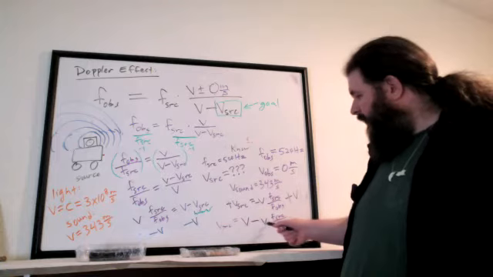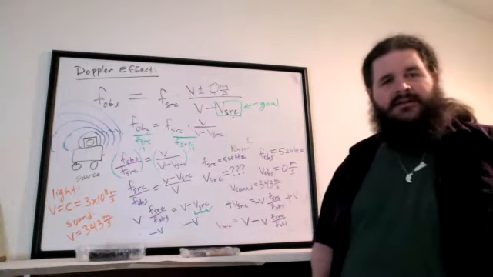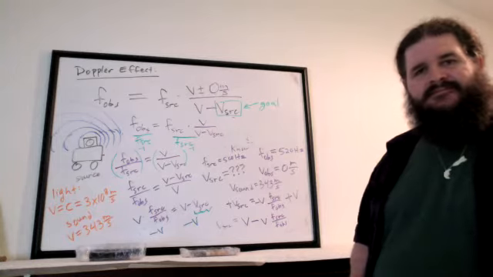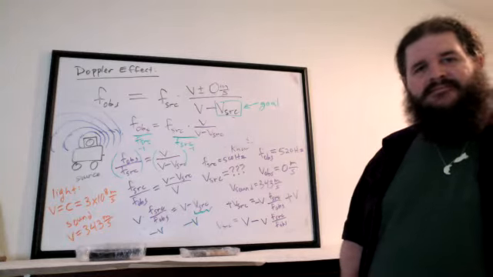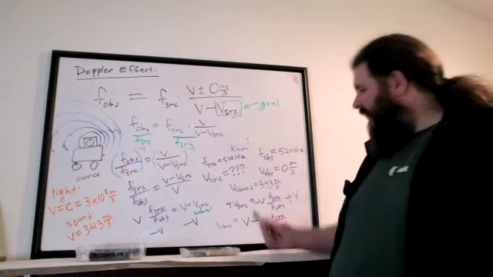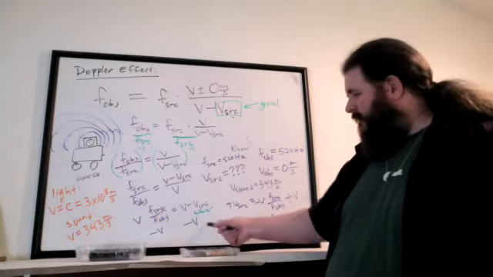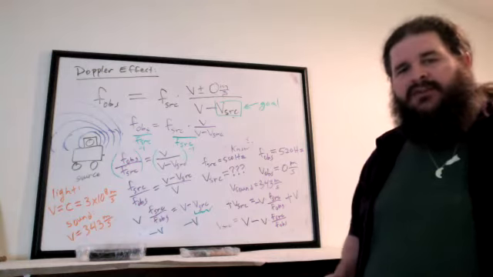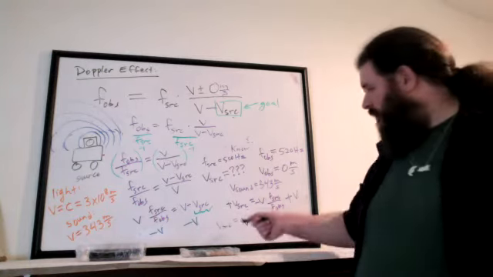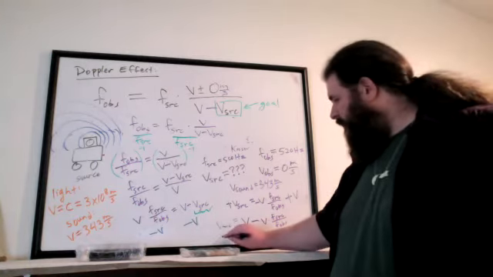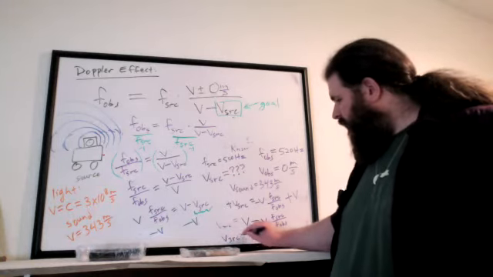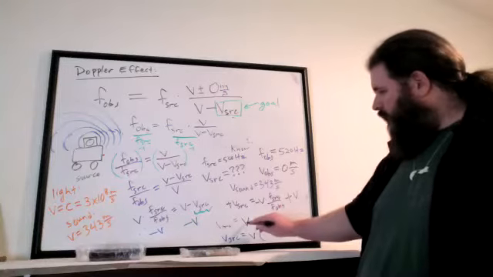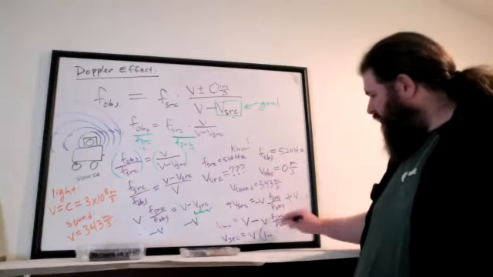These terms both have V in them, so what can we do there? Cancel them out? We can't exactly cancel it out because we don't also have a times speed of sound over here. But we can factor it out. Yeah, if the same variable shows up in all the terms on one side, we may as well factor that out. So speed of the source equals speed of sound times, in parentheses, 1 minus this fraction.